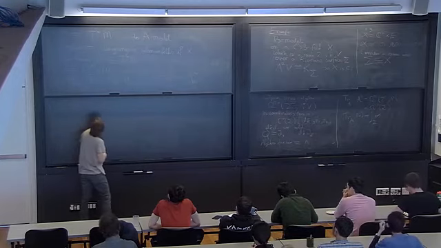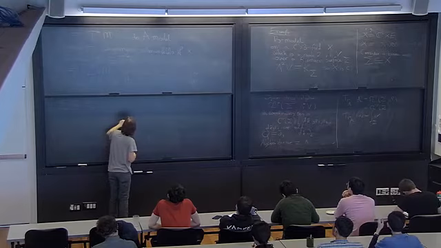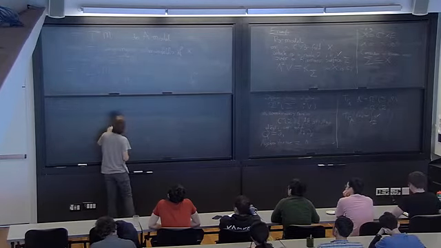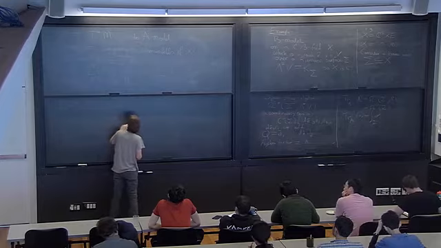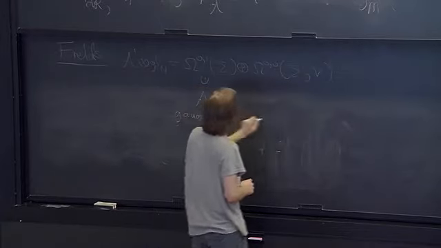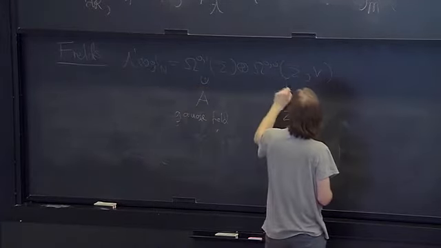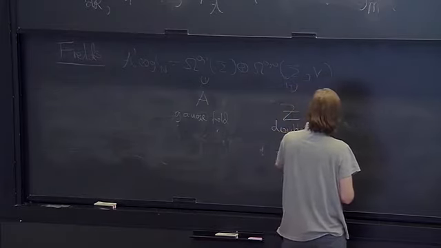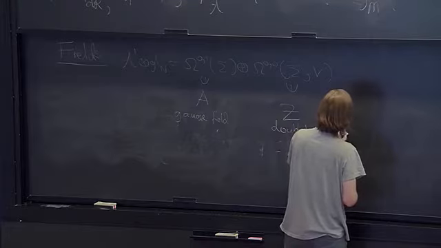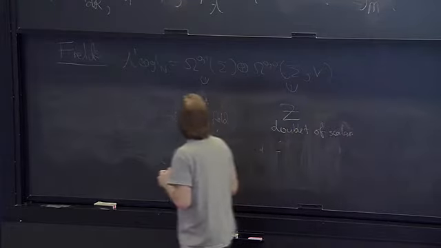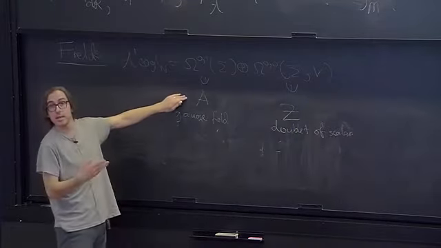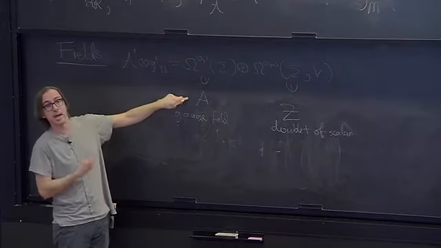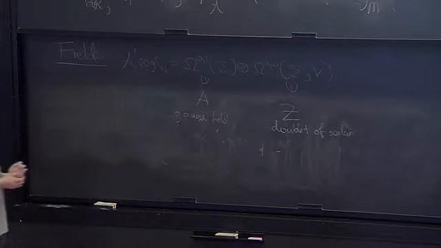My fields are like A in here, which is like a gauge field. And Z in here, which is a doublet of scalars. So I say it's a gauge field, but in the same sense as we mentioned earlier, it only allows me to differentiate in half of the directions.